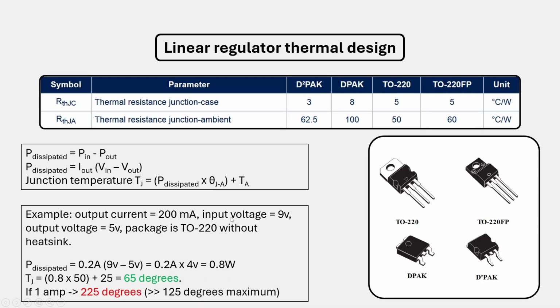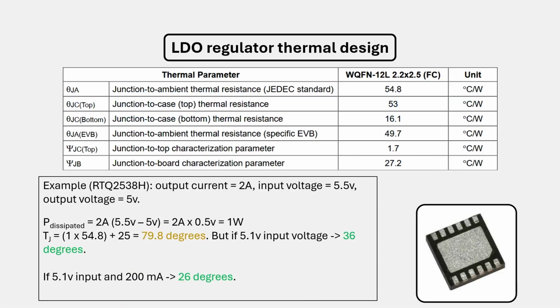So if you revert back to this example, 200 milliamps of output current nearly dissipated 1 watt because it's a standard linear regulator with a huge dropout. But this one, at 2 amps, almost 10 times the current, about 1 watt of difference, which can result in about 80 degrees of heat, which is fine by the device, by the way, because it can operate at this temperature, which is less than the maximum of its internal die.